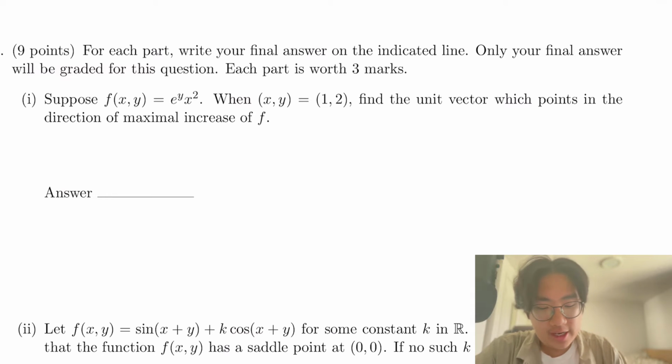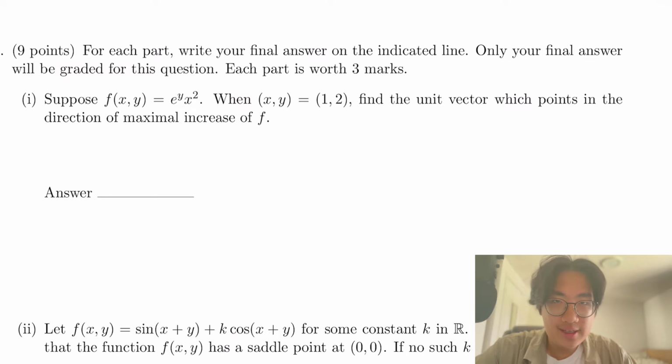What you really want to pay attention to is this part over here, maximal increase versus decrease. Very subtle difference. The only difference is a negative sign. I think I did the alternative test and they were asking for the maximal decrease, which I didn't pay attention to. You need to slap on a negative in front.